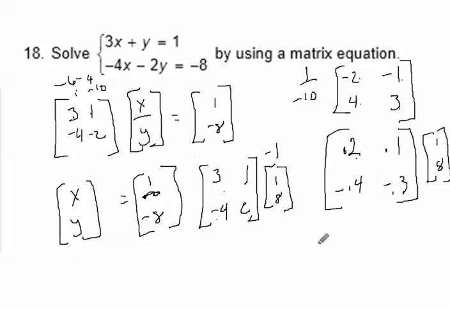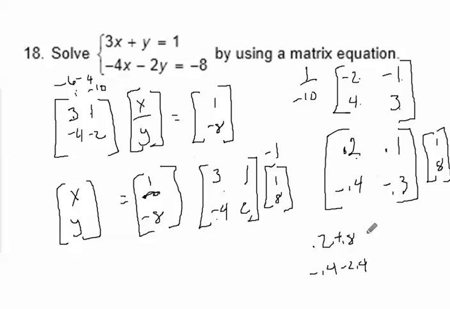So 0.2 times 1 is 0.2. 0.1 times 8 is 0.8. So plus 0.8. Negative 0.4 times 1 is a negative 0.4. Negative 0.3 times 8 is negative 2.4.